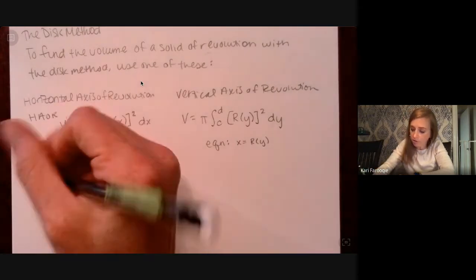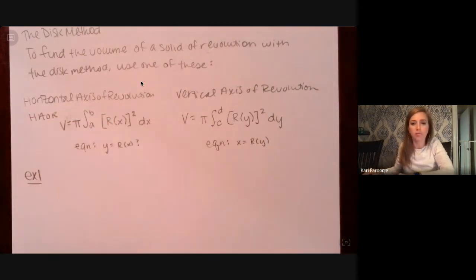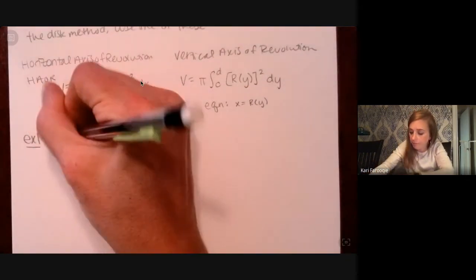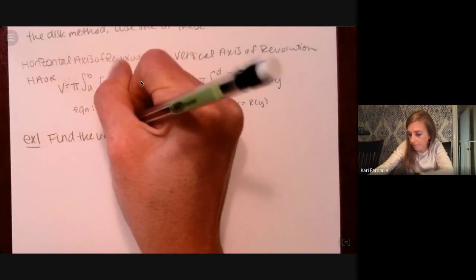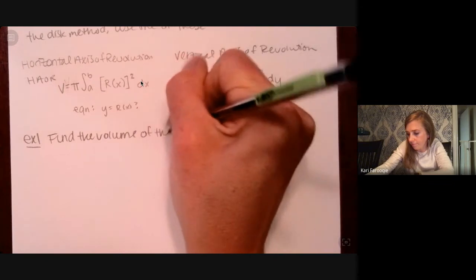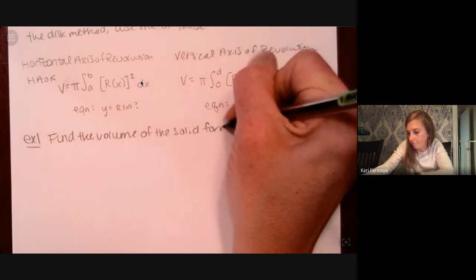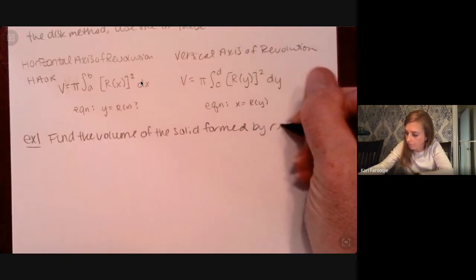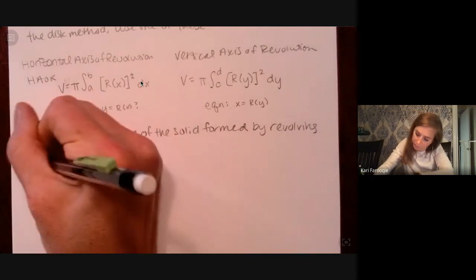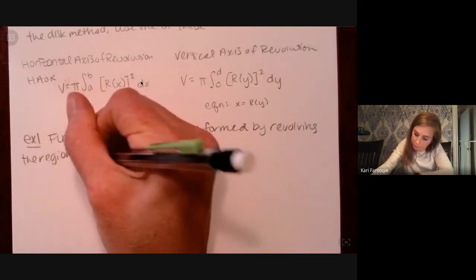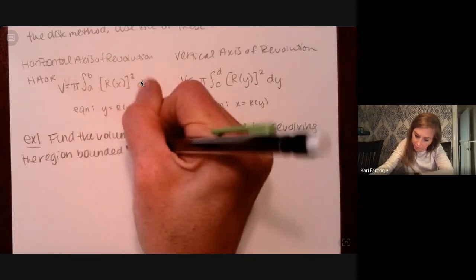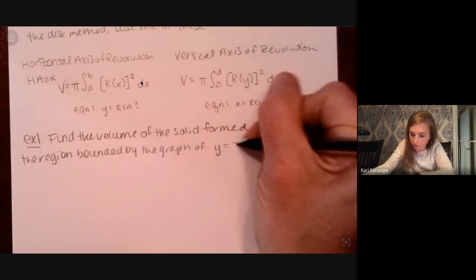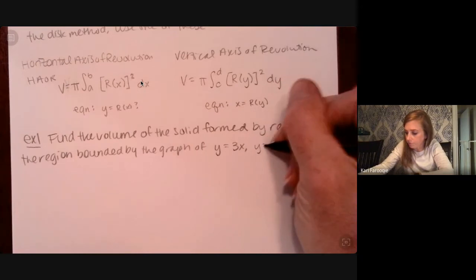Yeah, let's do it up. Example 1. Find the volume of the solid formed by revolving the region bounded by the graph of y equals 3x, y equals 0.